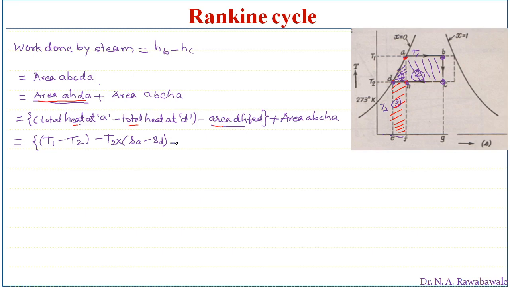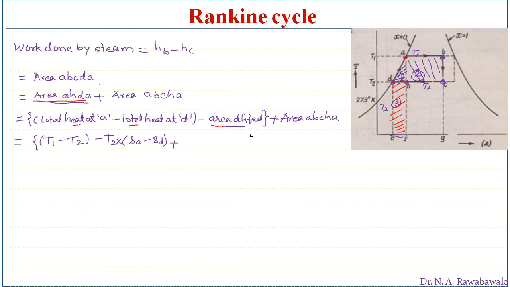So plus the area, this area we want to find out. This area is nothing but the distance between A to B and between B to C. First we will find the distance between B to C. At point B the temperature is T1, at point C the temperature is T2.